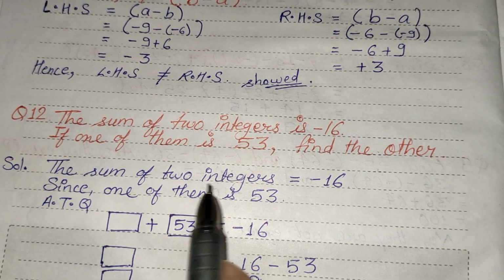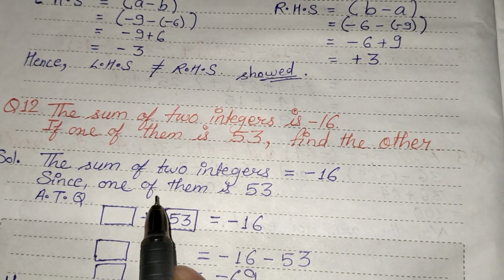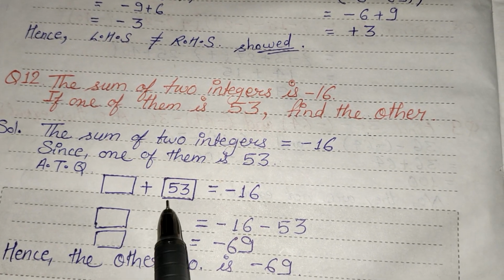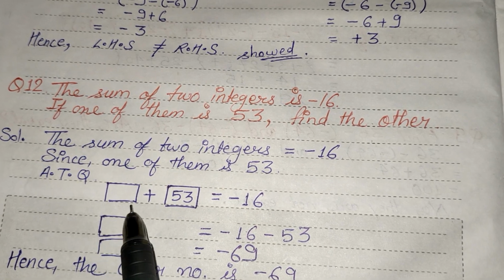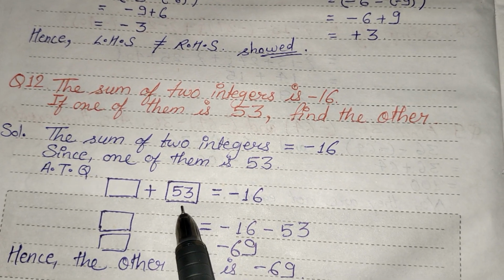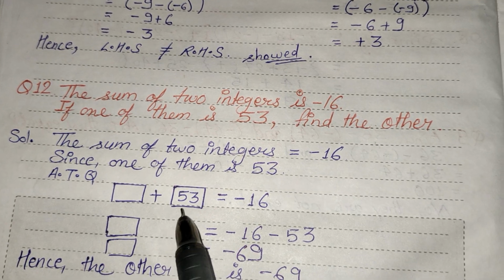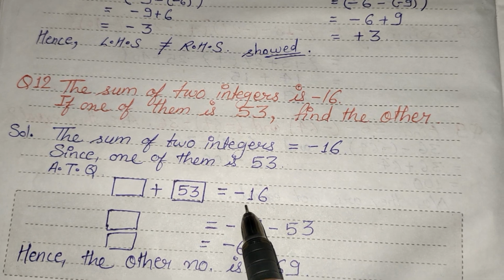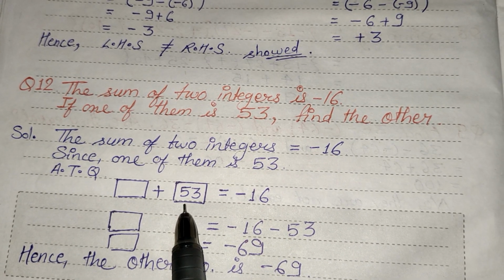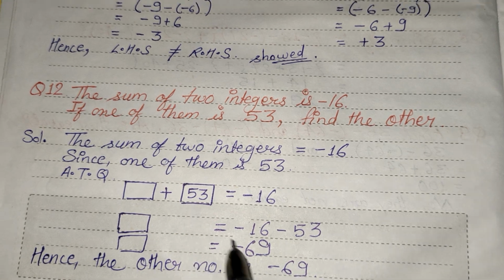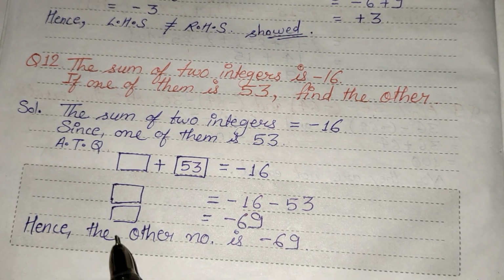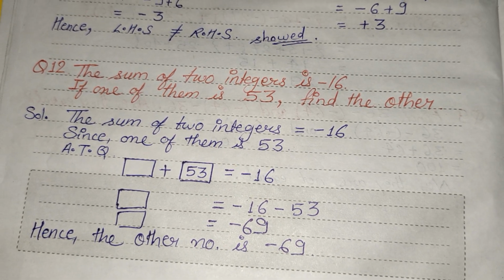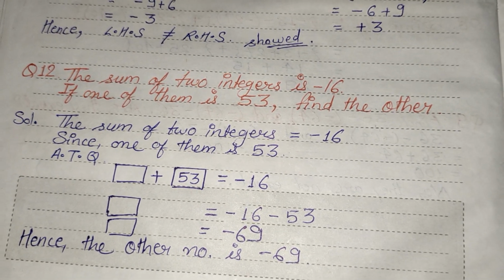Given that the sum of two integers is minus 16, since one of them is 53, we do not know the second integer, and their sum is minus 16. Now transfer this 53 to the right side, you get the other integer, minus 69. Now moving on, next question.